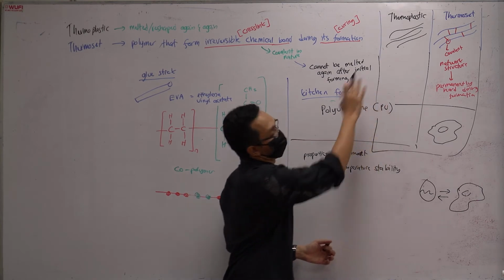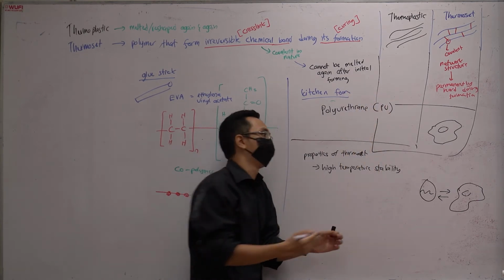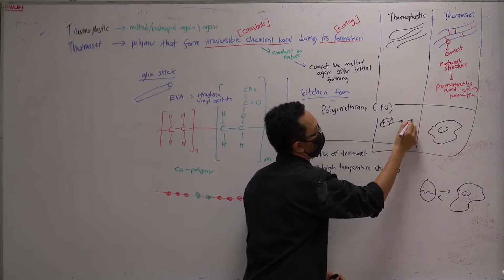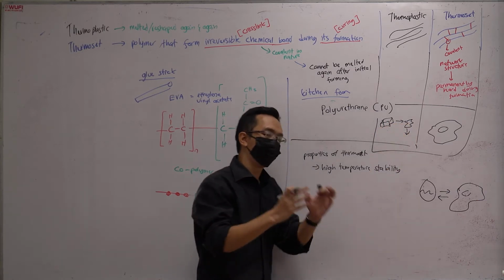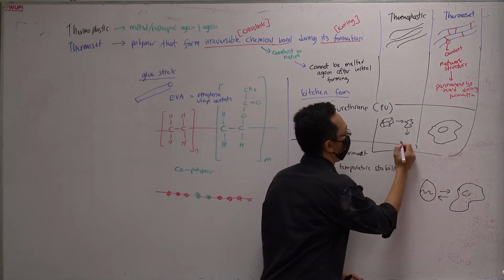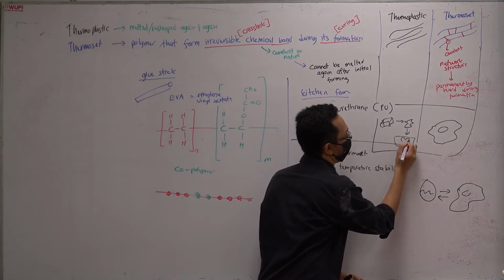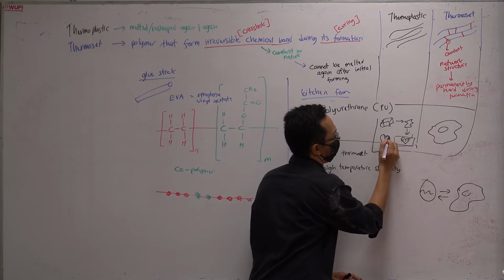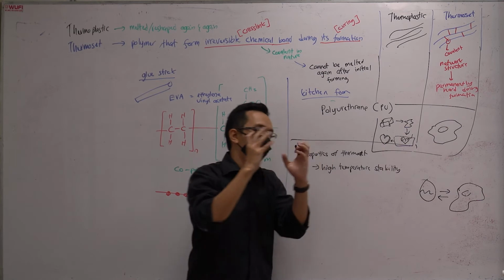The analogy for thermoplastic is like ice. You have an ice cube, you melt it, you get water, and then you can put this water back into any other mold. Maybe you want to make a love-shaped mold, you put the water inside, and you get a love ice cube.